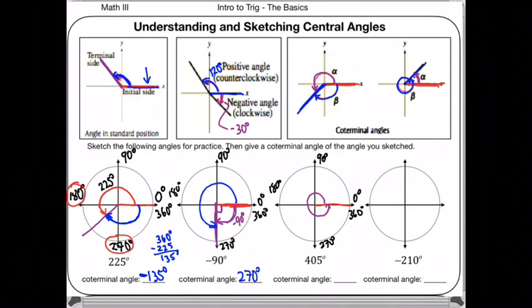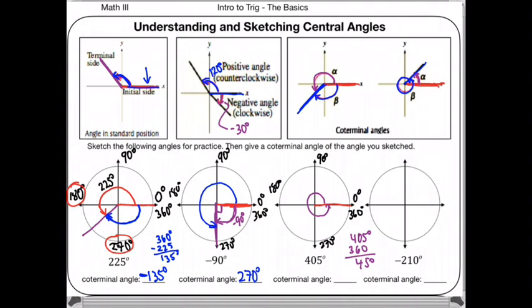To find out how much further than 360 it's gone, I take 360 off of that, and I get a 45 degree angle.